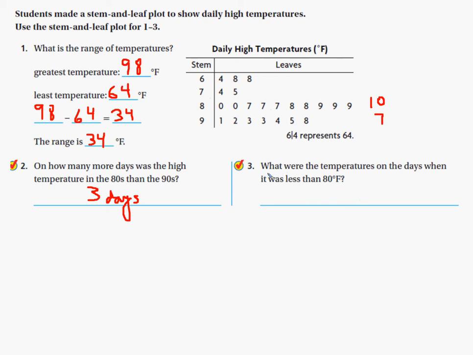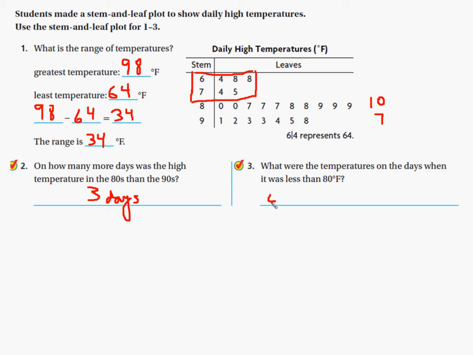So now the next question is, what were the temperatures on the days when it was less than 80 degrees? Days that were less than 80 degrees are everything in this box here, because the stems are 6 and 7. So I know these are all under 80 degrees.